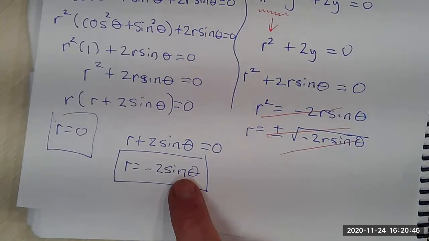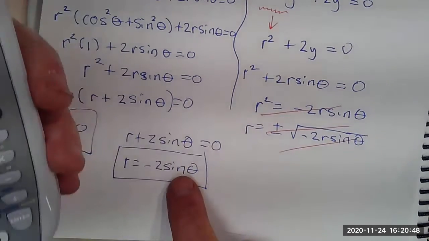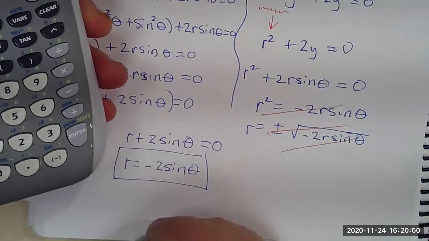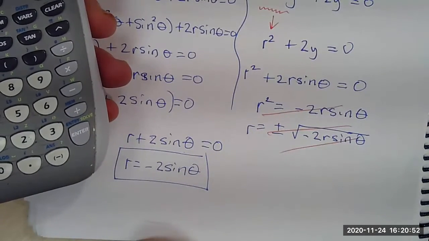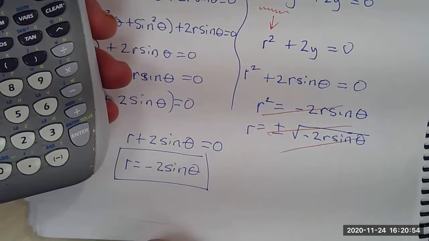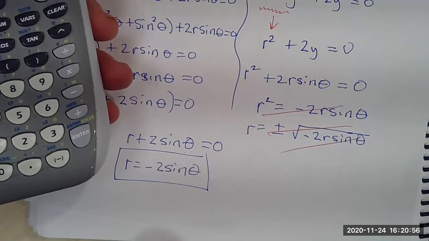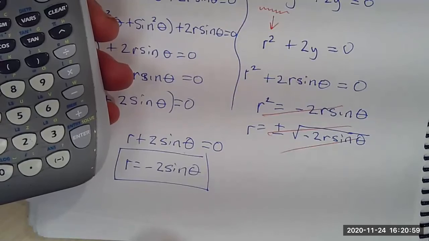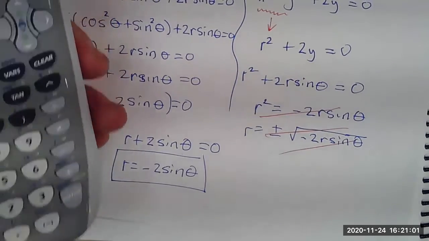It's 0. Oh, thank you. Okay, I woke up. So when the angle's 0, the radius is 0. I don't know what that is. Well, maybe it's the origin. Maybe it's the pole. Probably is.